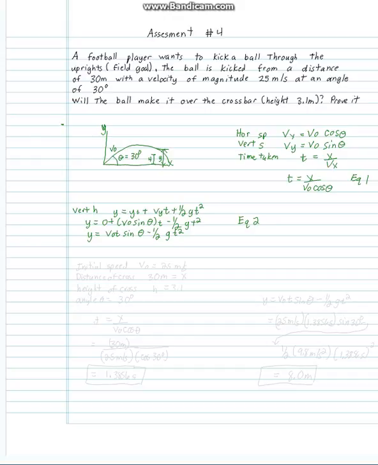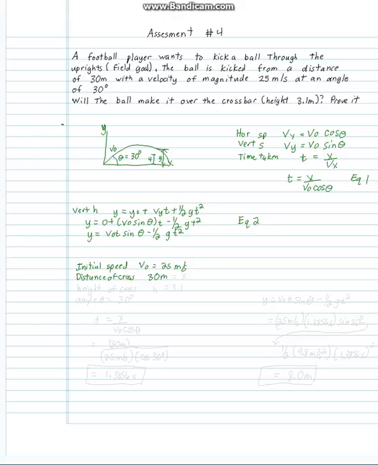Alright, to solve this problem, we're going to use our initial speed of the football, v of 0, which is equal to 25 meters per second. The distance of the crossbar is 30 meters, and these are given.